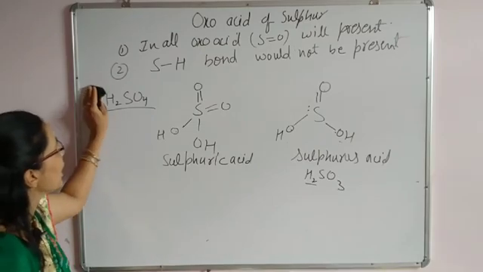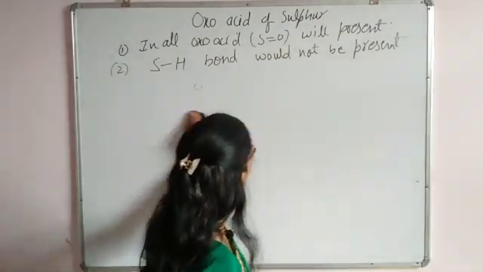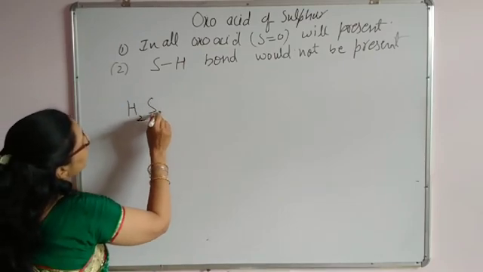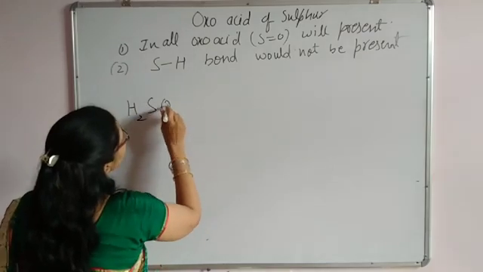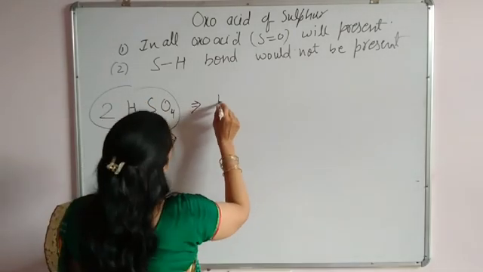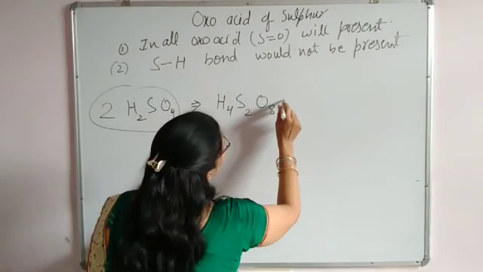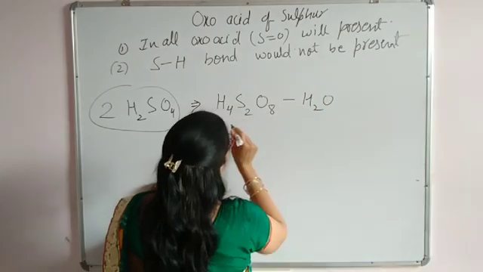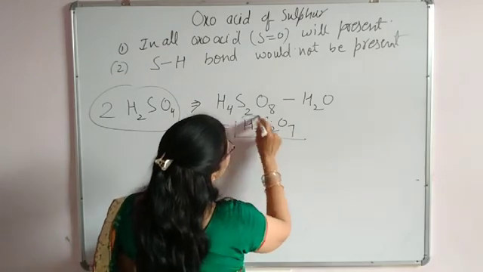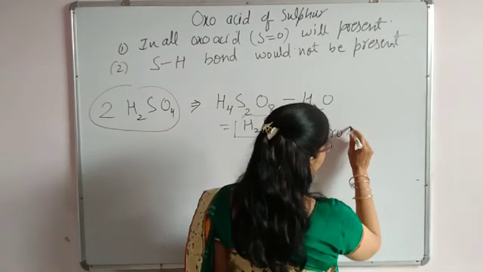Now next in the row is H2S2O7. First I am doing work for H2S2O7. Take H2SO4 and double it. That is H4S2O8. From this, we subtract one water molecule. What you will get is H2S2O7. This acid is known as pyrosulfuric acid.